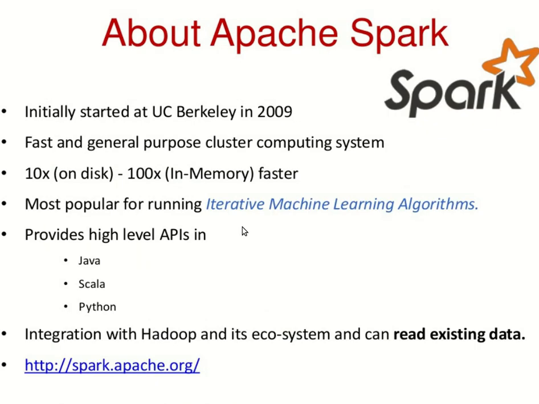I won't clutter you with the original date or stuff like this. It doesn't really matter. It's very fast. It could be something like 10x on disk, and the reason is that on disk it can also do data locality. It's smarter, because in standard MapReduce you are less smart about the data.